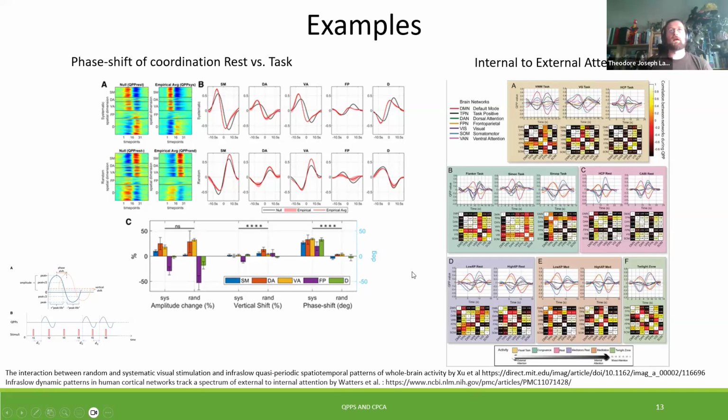What we can do then is look at the QPPs in relation to all networks, not just the task positive, but also dorsal attention, ventral attention, frontoparietal, visual, and somatomotor. And we can look at how these tasks differ more in terms of an axis, with a lot more data-driven analysis.